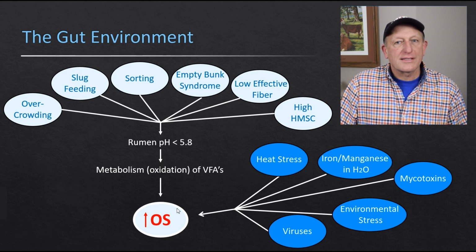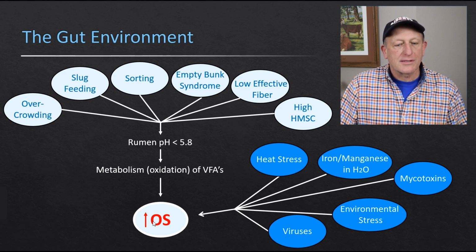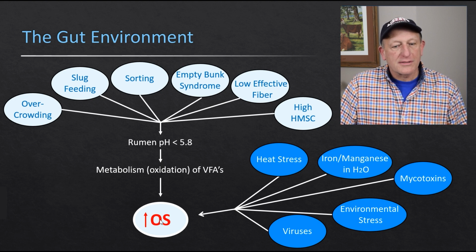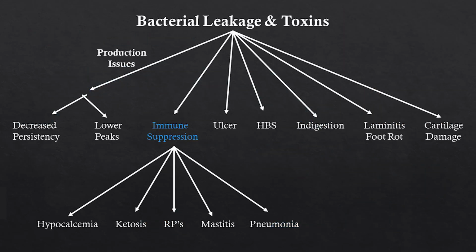So as all these things add up, we can overwhelm the system and form oxidative stress, which causes leaky gut, and leaky gut leads to production issues and diseases that we see on our dairy farm on a daily basis. We see decreased persistency, lower peaks.